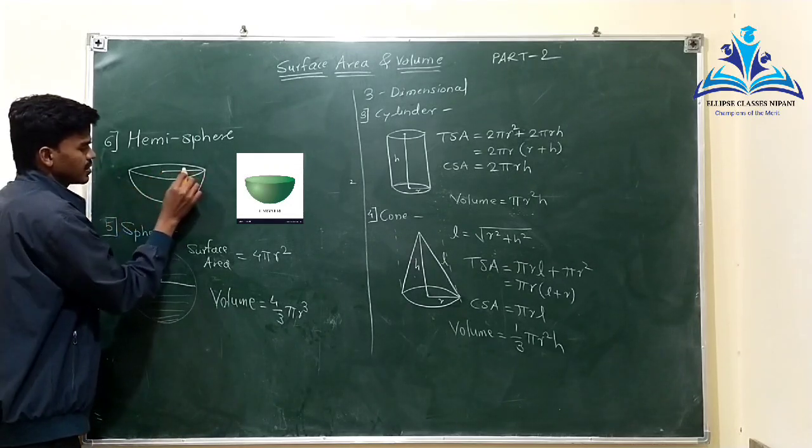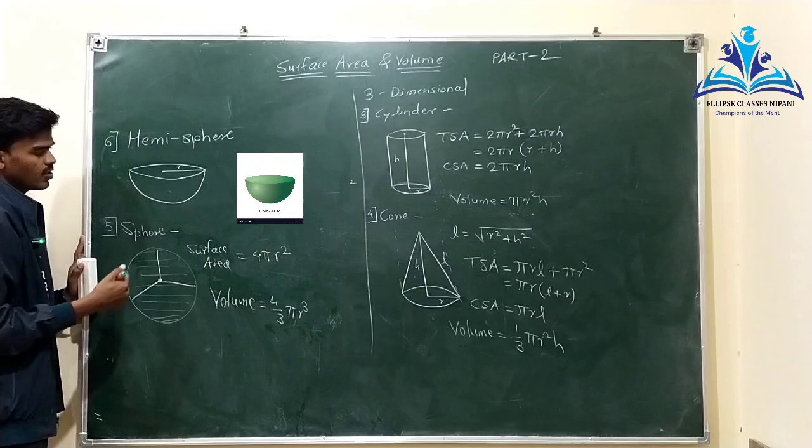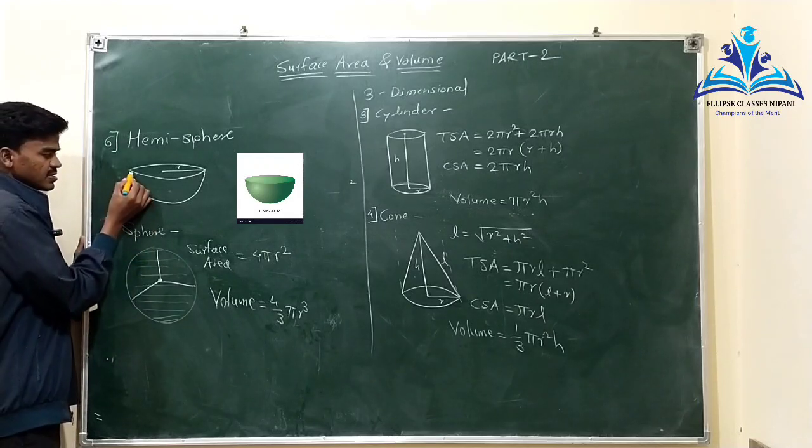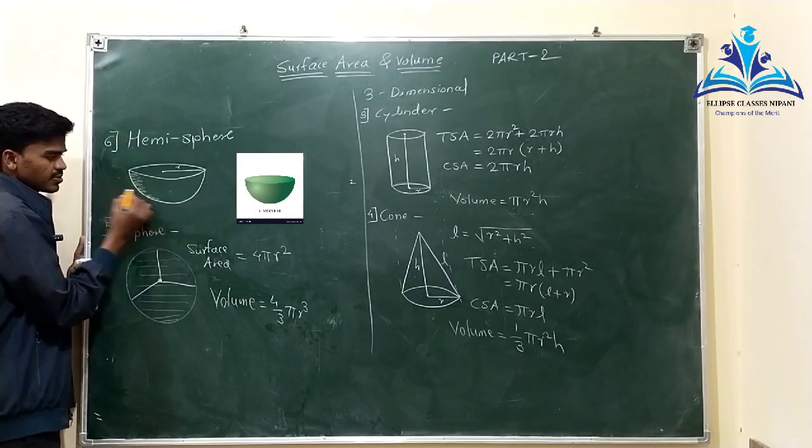This is again my radius r. Now this part is my curved surface area.